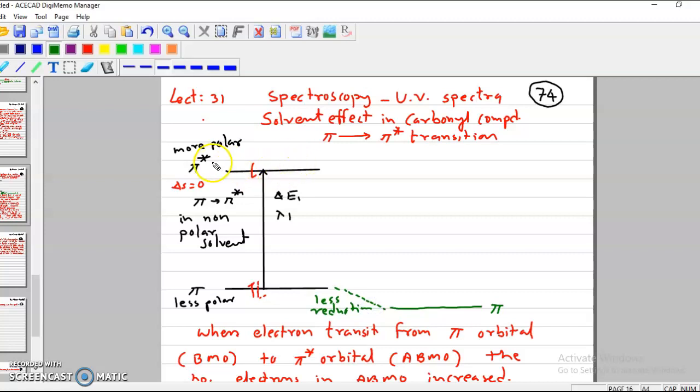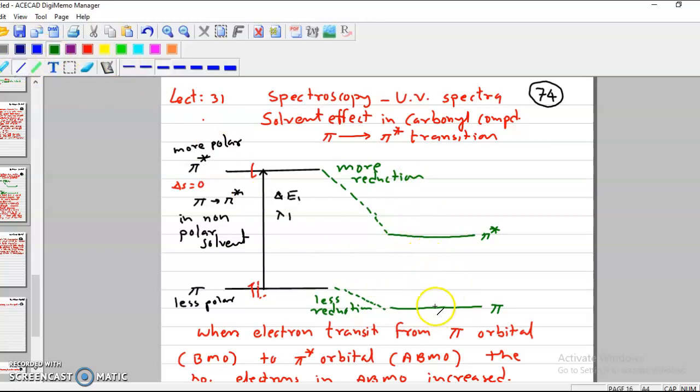But the pi star state is more polar, having more dipole-dipole interaction with polar solvents, and therefore the reduction of the pi star state would be even more than that of the pi state. So there is more reduction of energy of the pi star state because of dipole-dipole interaction between these two molecules.